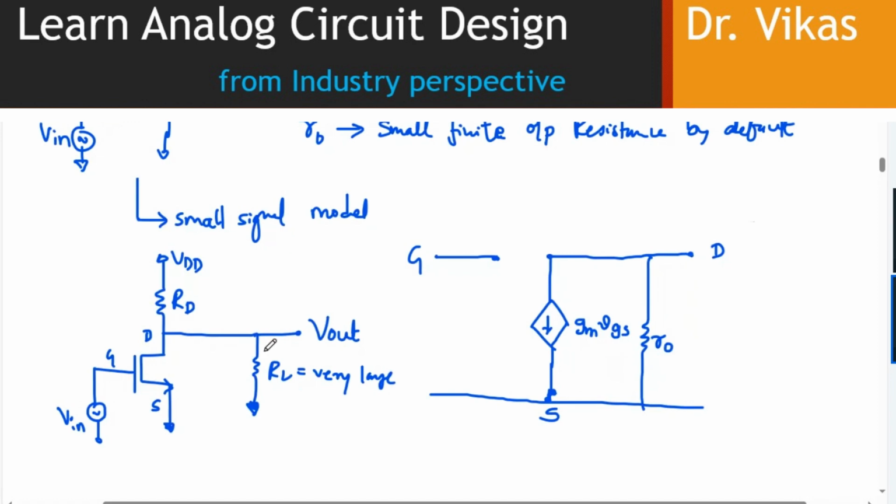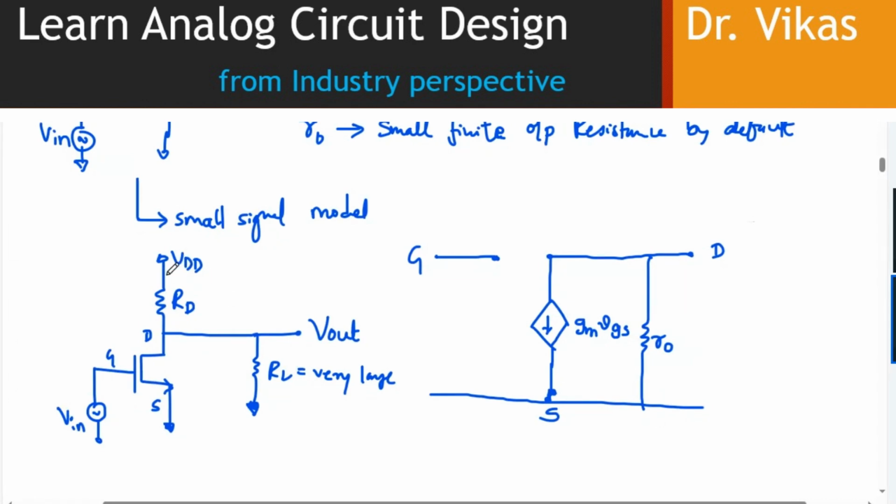The next are RD and RL. Now always remember, whenever you convert a given circuit into its small signal model, the very first rule is that you are supposed to short all the DC supplies. So if there is a DC supply, it will be connected to ground. That's how the analysis goes.